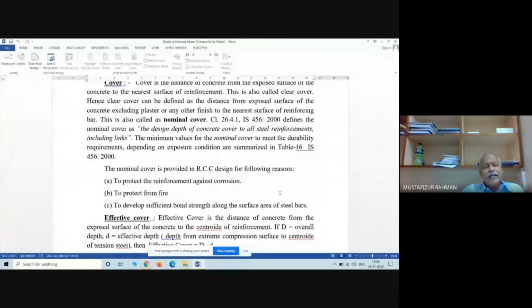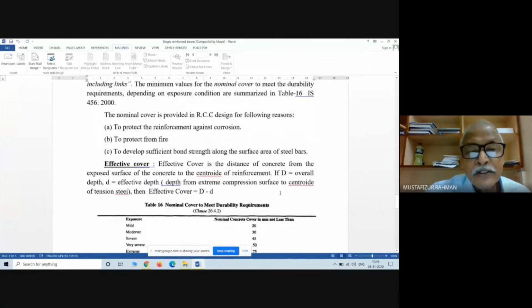So capital D minus small d gives some value, and that will be the effective cover. Effective depth plus effective cover is equal to overall depth. I probably mentioned why we require it: to protect the reinforcement against corrosion, to protect from fire, and to develop sufficient bond strength.